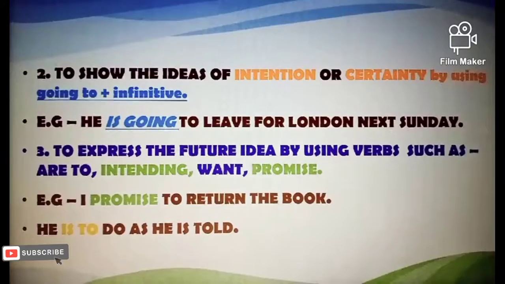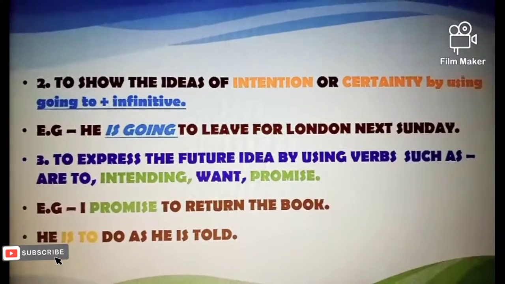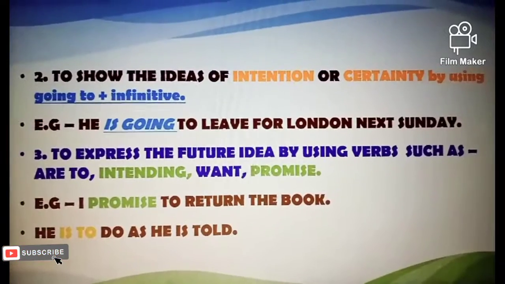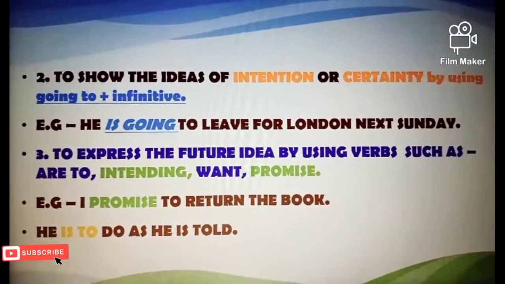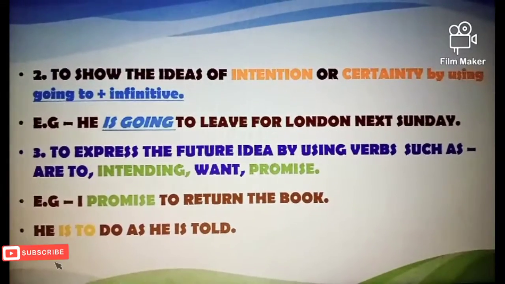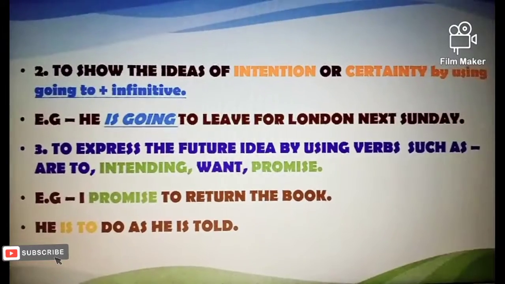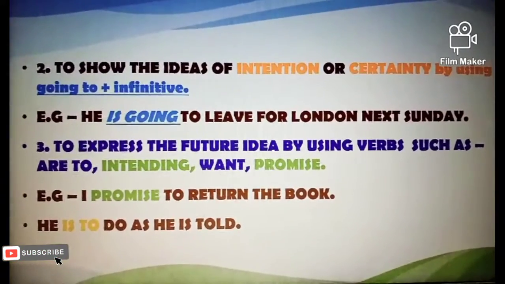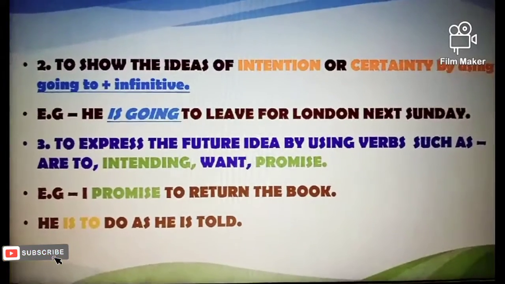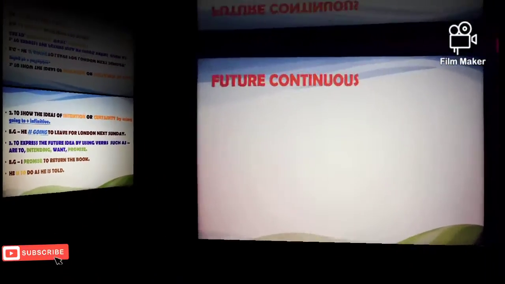Actually, going to plus infinitive is the present continuous tense. But here we can use some future time, and going to can also be used to express the simple future tense. But the matter of fact is, it shows some certainty, that something is going to happen.